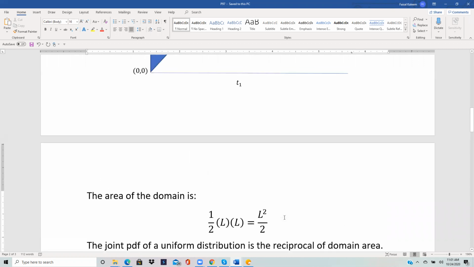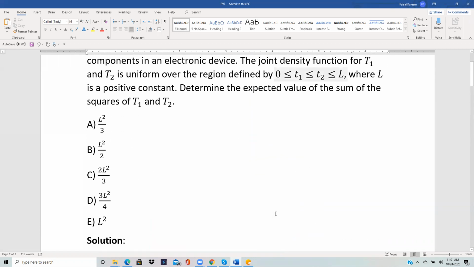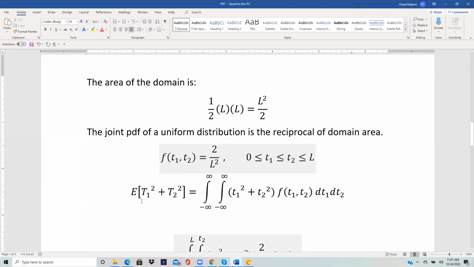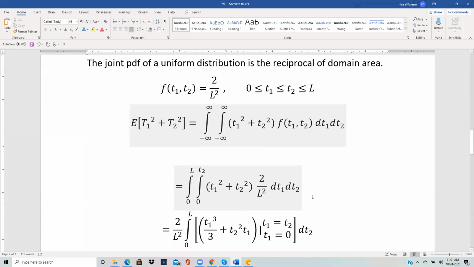And so we need the expected value of the sum of squares of T1 and T2. That means E of T1 squared plus T2 squared. The basic definition of that is the double integral of T1 squared plus T2 squared against the joint PDF. And our integration region is just that blue triangle that we saw above.